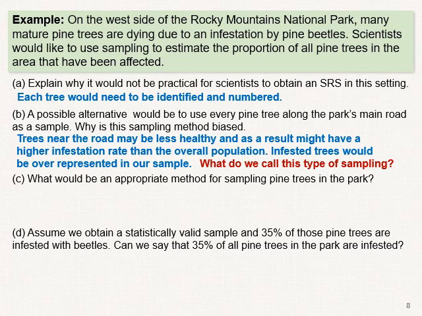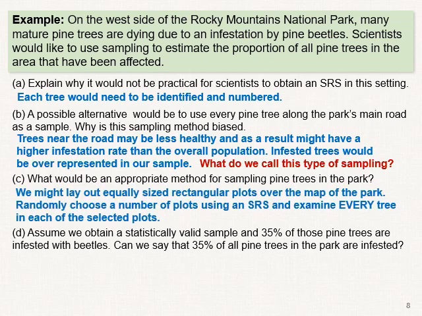And so part C then, what would be an appropriate method? What if we took a map of this area and we broke that map into equally sized areas? So, little rectangles, right? Each maybe 1/10 of an acre or something like that. Maybe we would break it up into 1,000 different regions or areas.